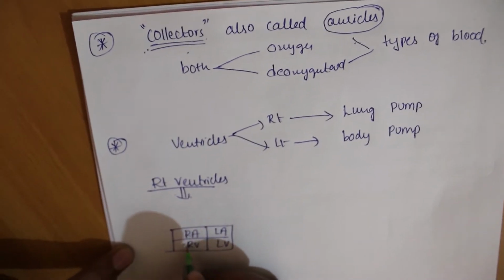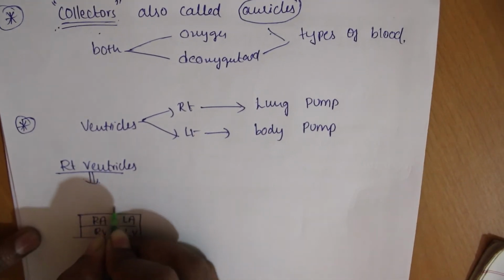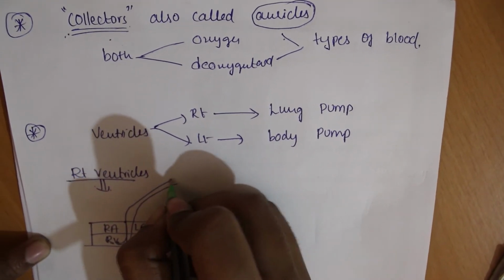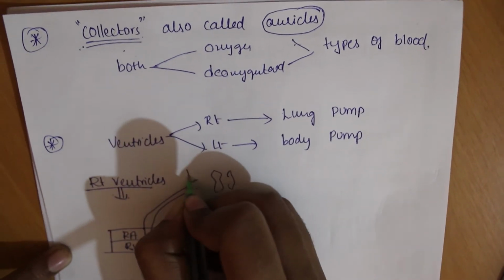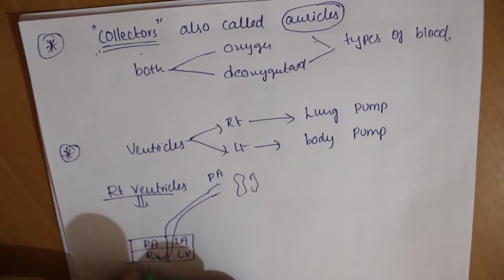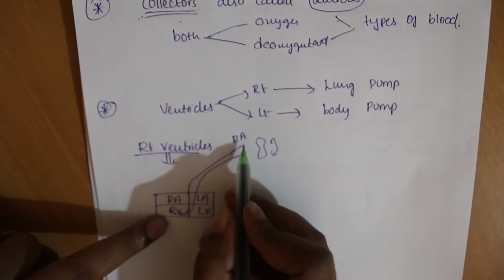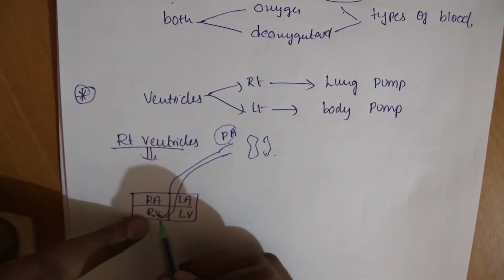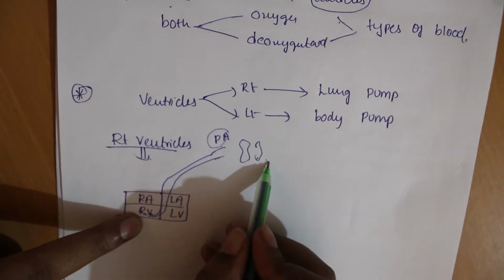From the right ventricle to the lungs through the pulmonary artery, it carries the deoxygenated blood and pumps it to the lungs, so it is called the lung pump.